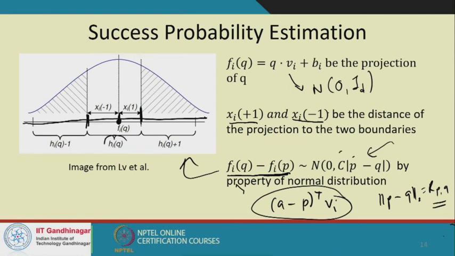This is the bucket h_i(Q) by definition, this is the bucket h_i(Q) minus 1, and this is the bucket h_i(Q) plus 1.